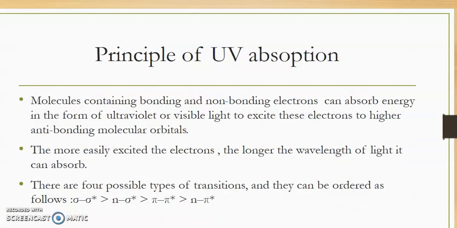Then the principle of UV absorption. Molecules containing bonding and non-bonding electrons can absorb energy in the form of ultraviolet or visible light to excite these electrons to higher antibonding molecular orbitals.